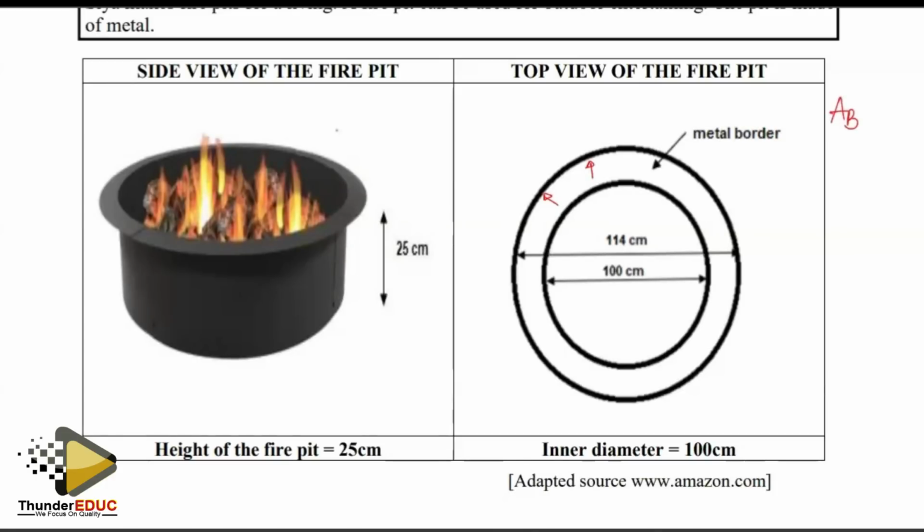We shall need the radius of the bigger circle, let's call it R, and the area of the smaller circle. So let's go down there and find out.